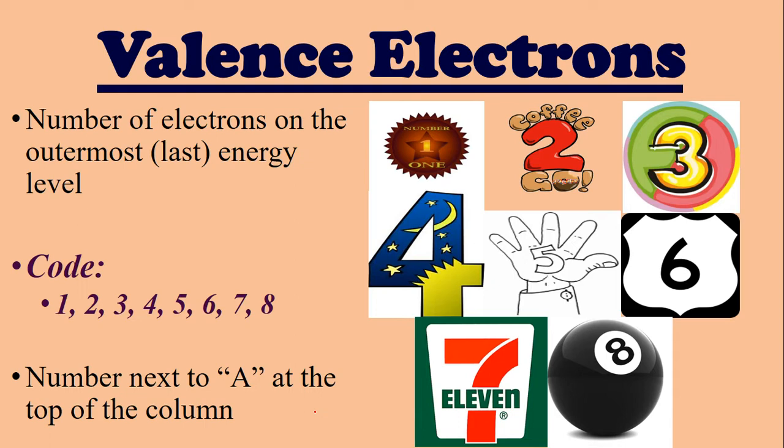The B's represent something else. And so that Roman numeral usually is the hint of what the number of valence electrons that group has. But we do have a code, and the code is 1, 2, 3, 4, 5, 6, 7, 8. And it's good to know that valence electrons code when we label the periodic table, which is coming up soon.